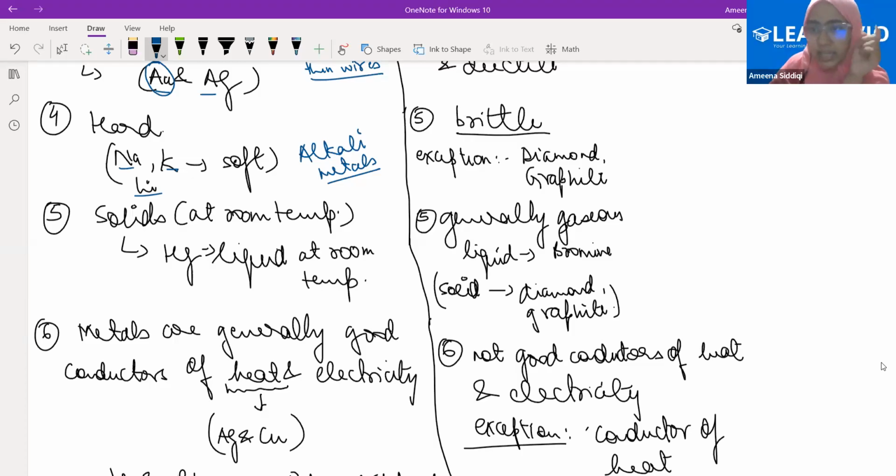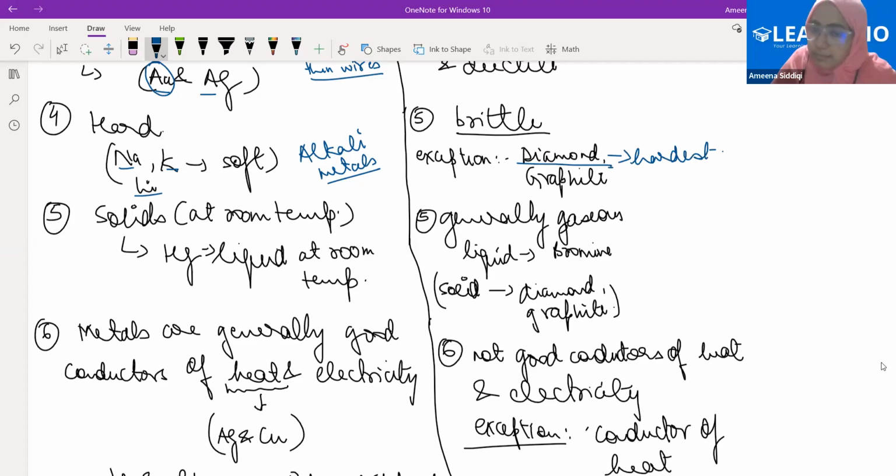An important exception to the brittleness of non-metals is diamond and graphite. Diamond and graphite are non-metals made up of carbon atoms, and both of them are hard. In fact, diamond is the hardest natural substance present.